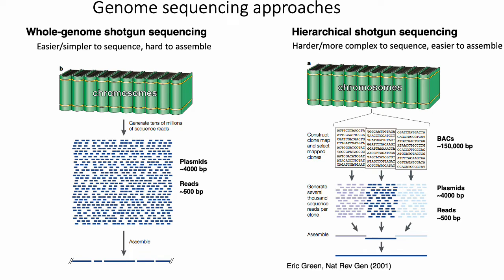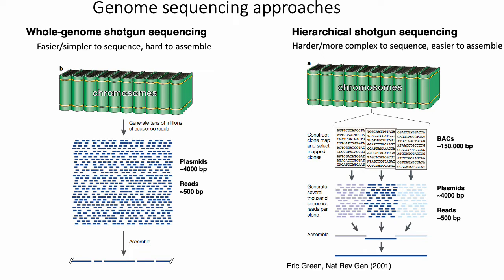Then for each individual segment that's 150 to 350 kb long, you shotgun sequence it, sequencing short little fragments, reassemble the individual BACs, and then somehow put the BACs back together. It's called hierarchical because you are dividing the huge genome into smaller pieces, and then finally sequencing the smaller pieces and building it back up.